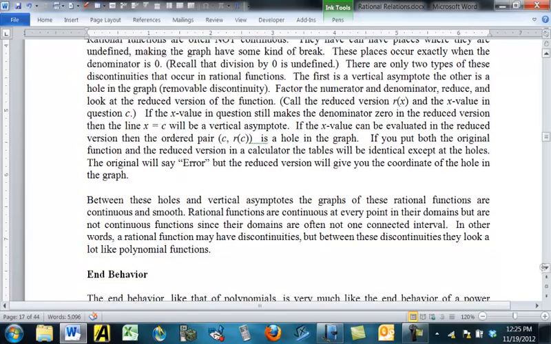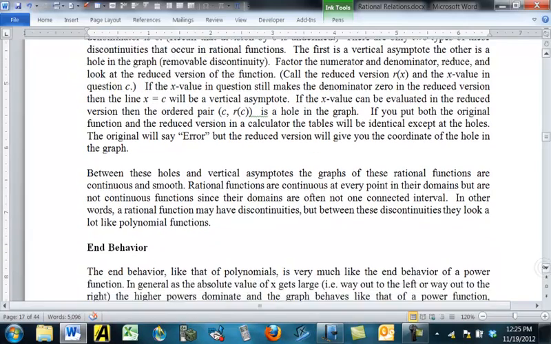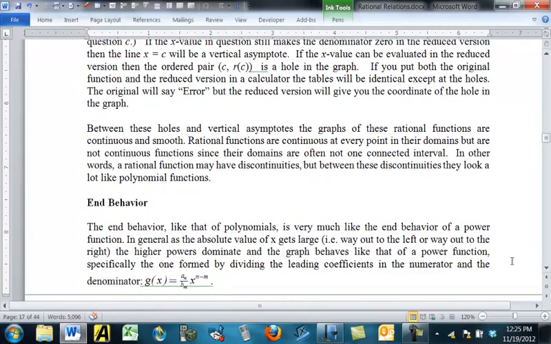Now between these breaks, the holes and the vertical asymptotes, if it has any, the rational function is continuous and smooth, a lot like a polynomial function. And like polynomial functions, it can have maxima, minima, and inflection points, but it also has something interesting on the ends that polynomial functions don't necessarily have.